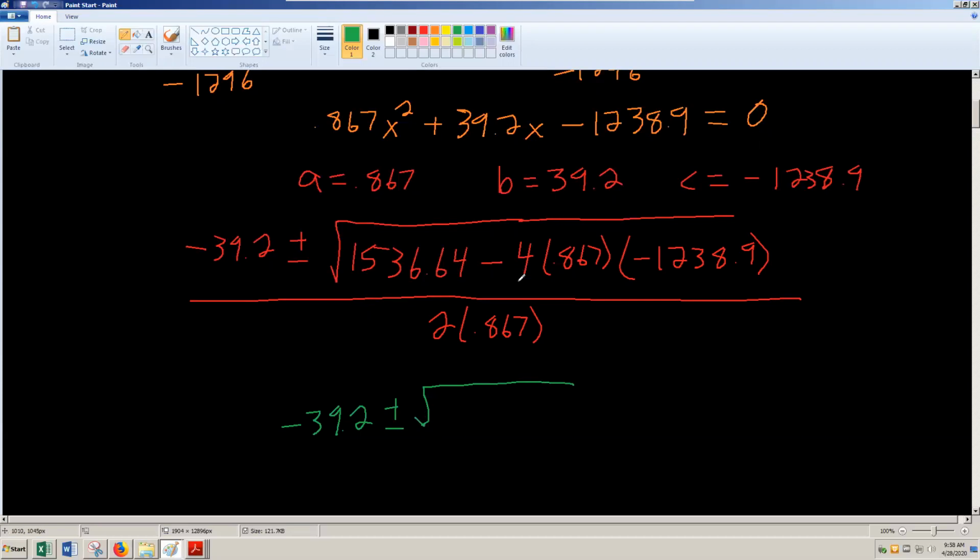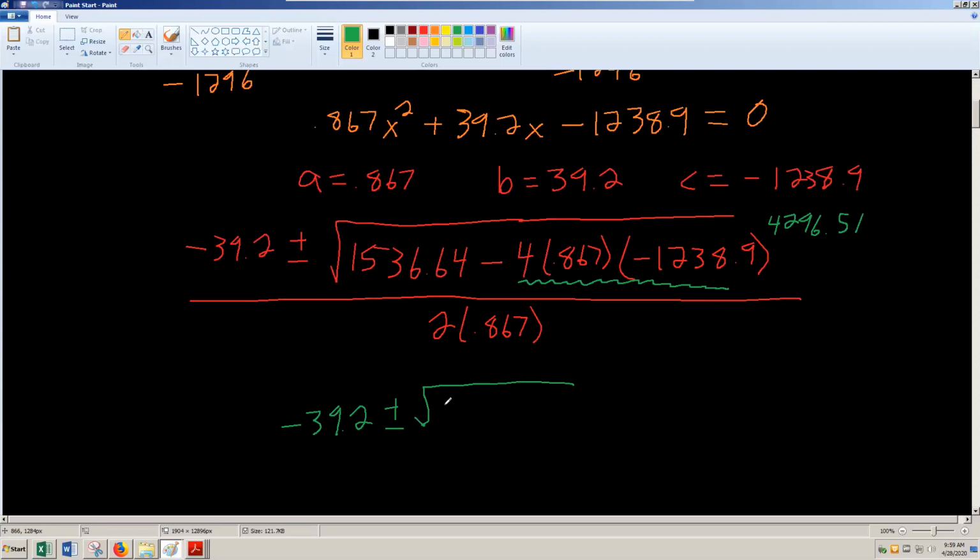So this stuff right here turns into, let's see, 4296 point, call it 51.